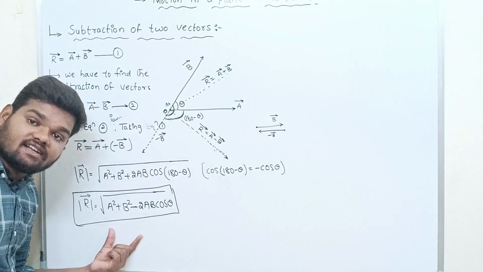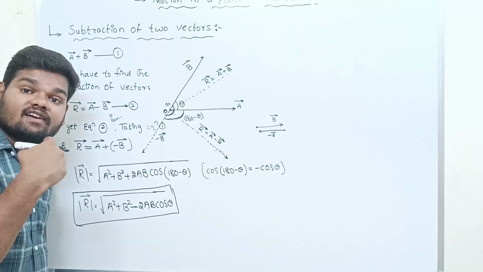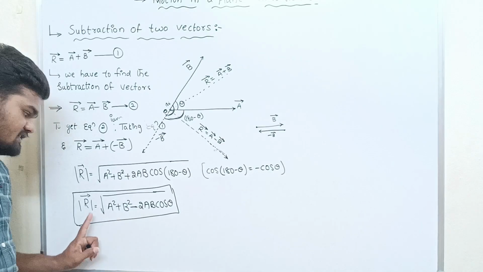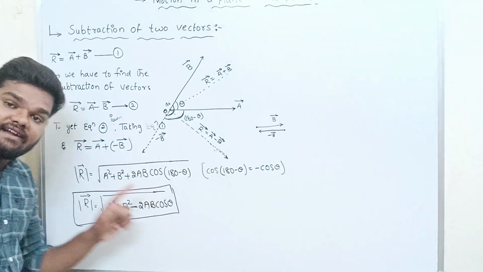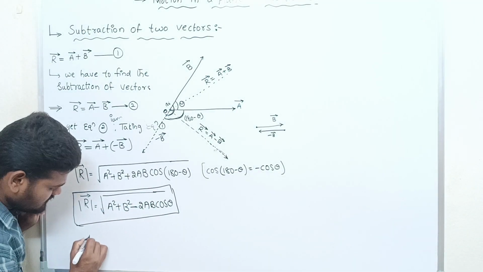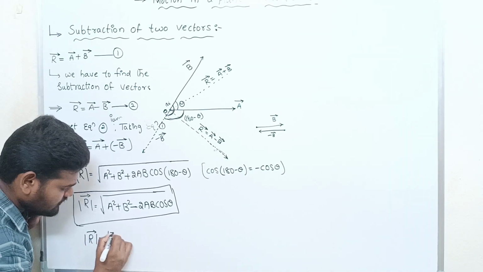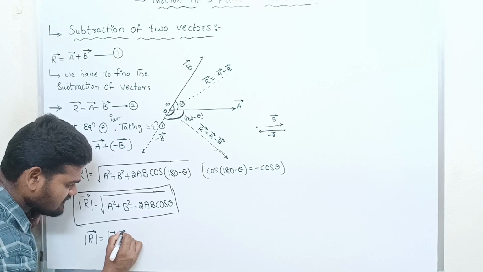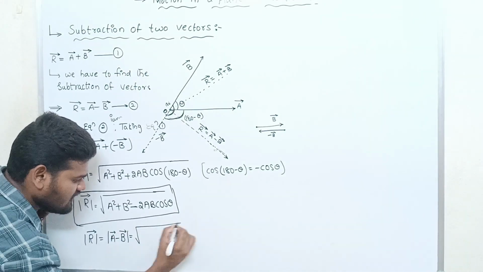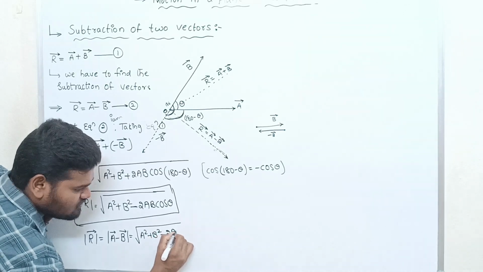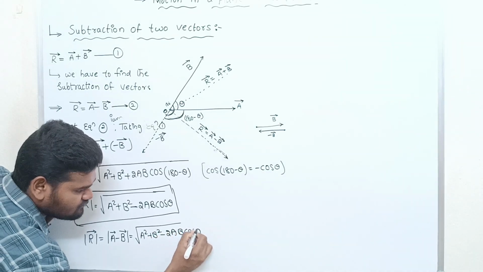So this equation gives the subtraction of the given two vectors at an angle theta. This equation can also be written as magnitude of r bar is equal to magnitude of a bar minus b bar, which is under root of a square plus b square minus 2ab cos theta.